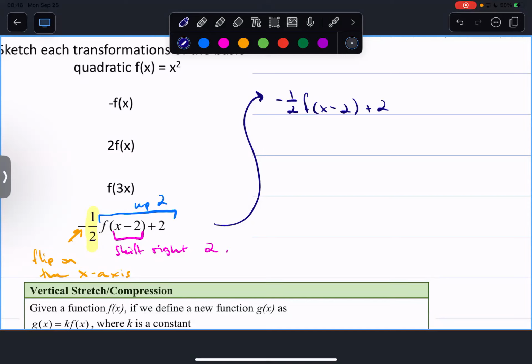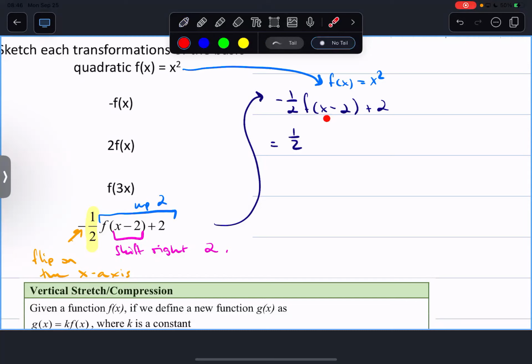So what I want to do is rewrite this without that function notation, because f of x is x squared. So this becomes negative 1/2, and then f of x is x squared, but I want to replace the x with x minus 2. So then I get x minus 2 squared, and then plus 2. That's what I have to do to be able to graph it in Desmos.